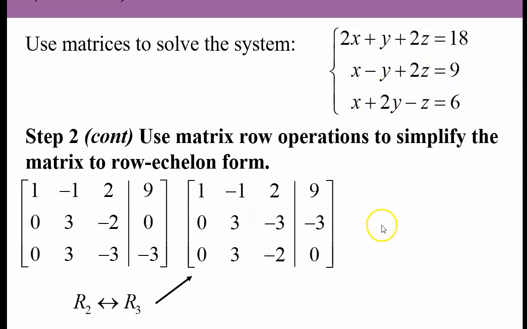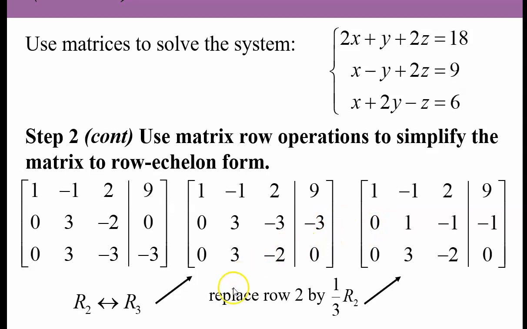And now they're going to replace or multiply row 2 by 1/3. All right, that's nice to do as well. So that causes this to become a 1, this become a negative 1, and this become a negative 1. And that's what you see here. Okay. Again, there's different ways to do it. We'll follow what's illustrated here.